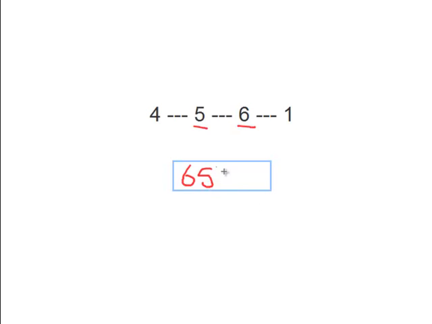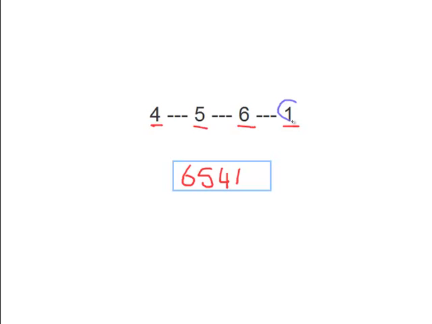And minus 1 again from the 5, and then we have the 4. And our smallest number we have is the 1. So the biggest number we could make was 6,541.